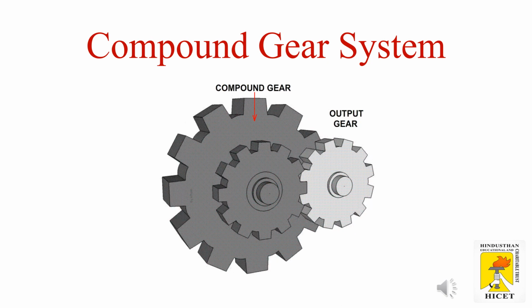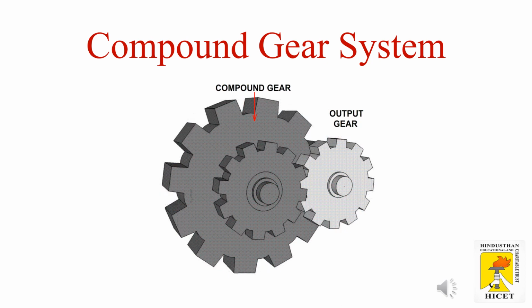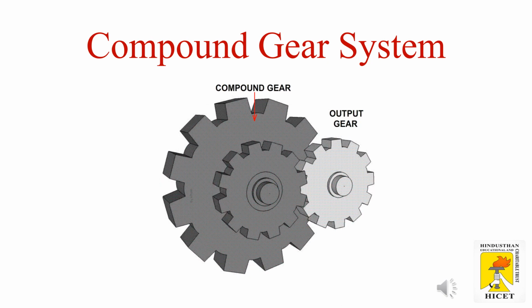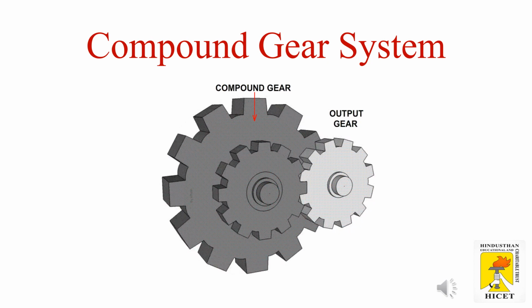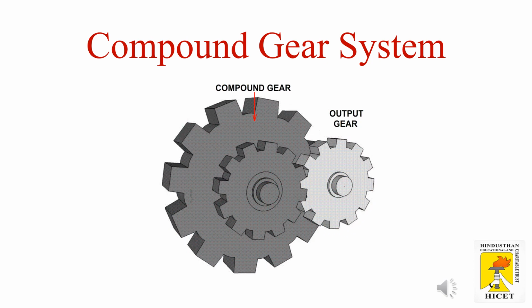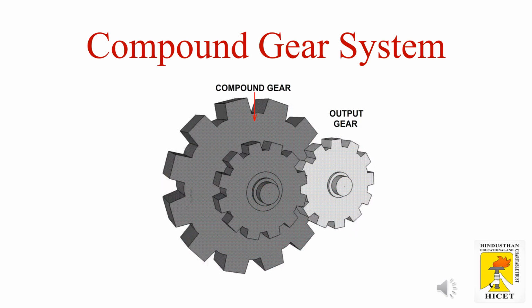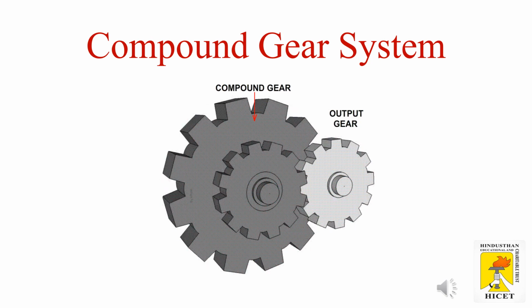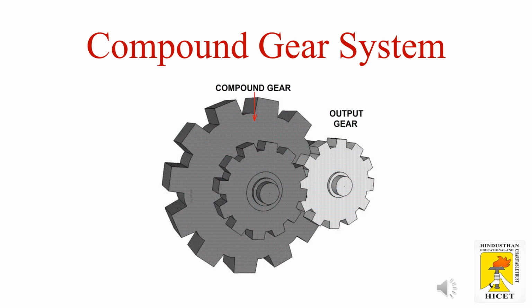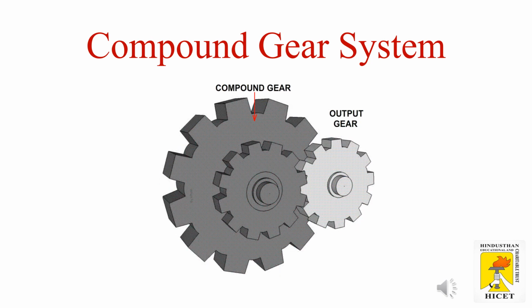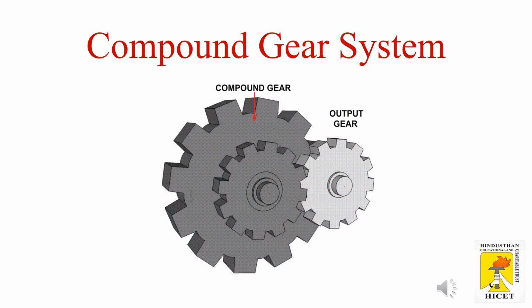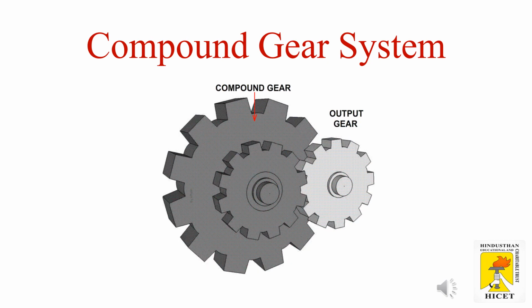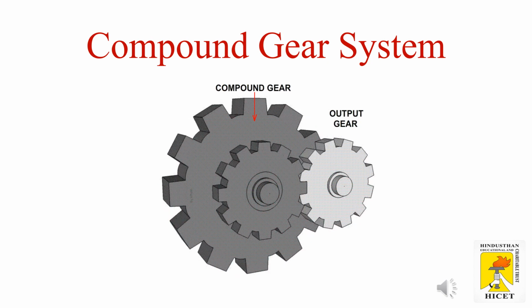With the use of this compound gear train, the driving shaft can rotate in the same direction. We can achieve the same direction of rotation in the driving shaft with the help of these compound gear trains by using a minimum number of gear wheels.